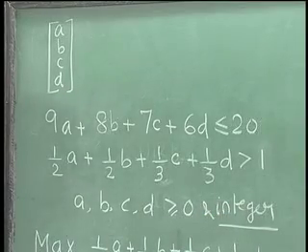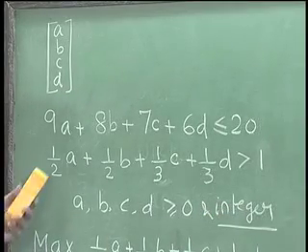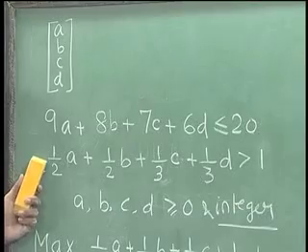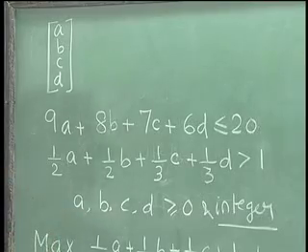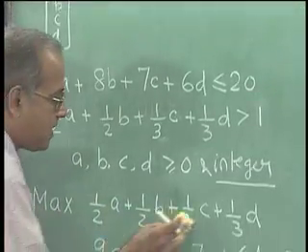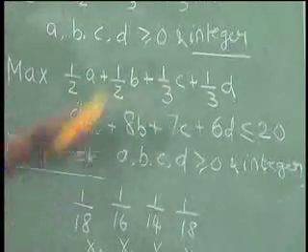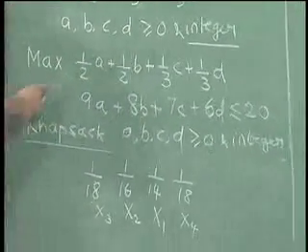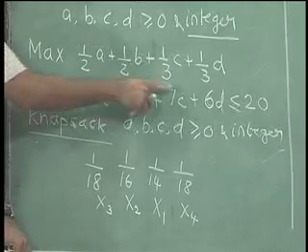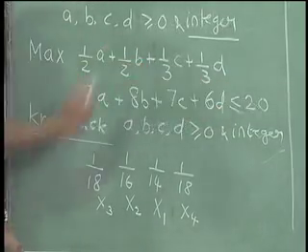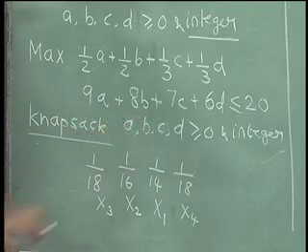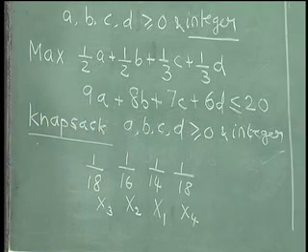Now, by the same argument that we did last time, we now convert this into an objective function, and therefore, we rewrite this as half a plus half b plus 1 by 3 c plus 1 by 3 d subject to 9a plus 8b plus 7c plus 6d less than or equal to 20, a b c d greater than or equal to 0 and integer.